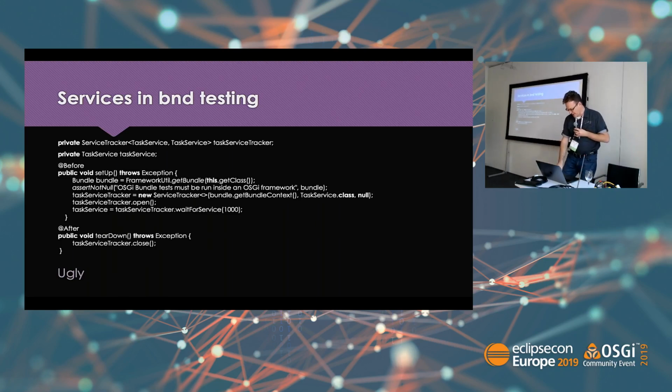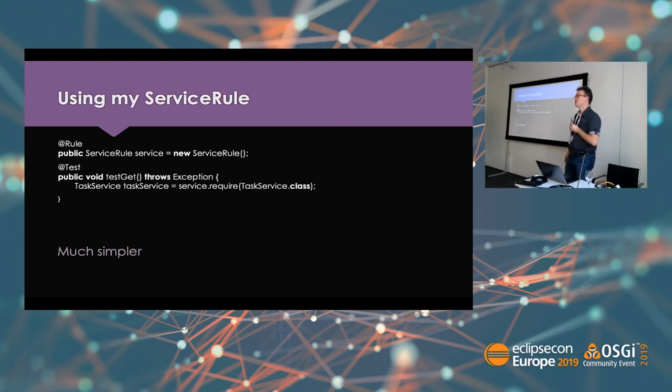So I experimented a bit how to make it easier, and I created a rule for JUnit. I called it ServiceRule, that basically abstracts all that away. So you just use the rule, new ServiceRule with @Rule, and in your tests you simply say service require and your service interface, and it will look up the service, wait for it, and time out after some time.